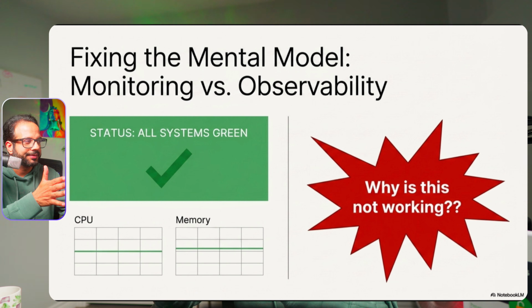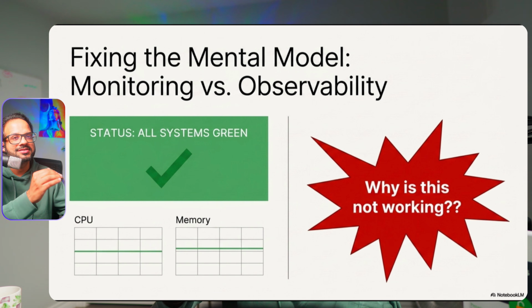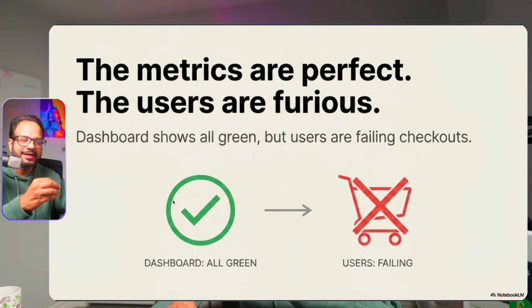So that's monitoring. But there are certain cases, numerous cases actually, in which everything looks green, right? Your CPU is optimal, your memory utilization is optimal. Still, your users are facing issues. Still, your users are complaining, why is this not working? And why does it happen?